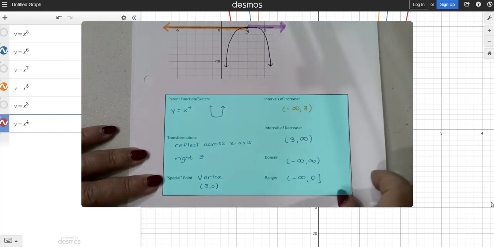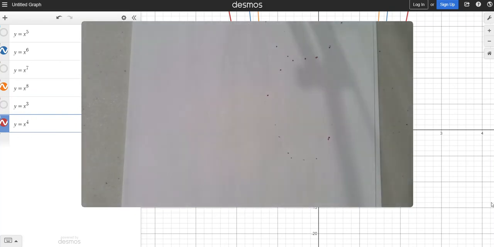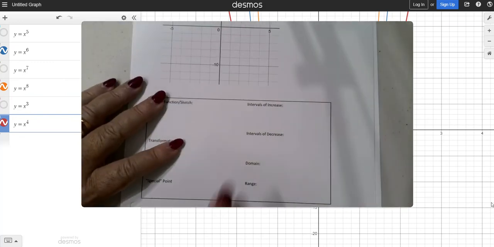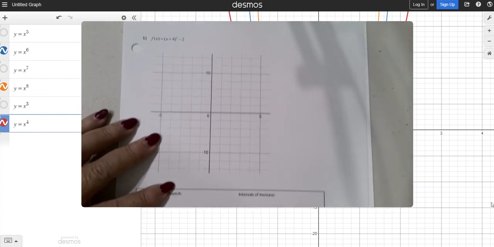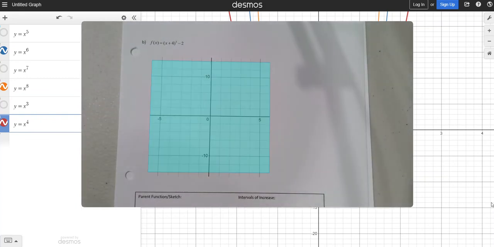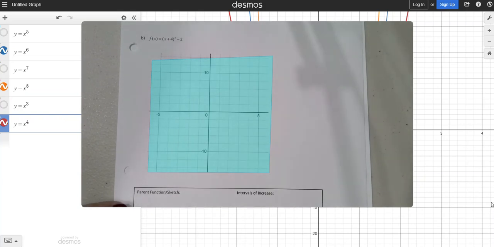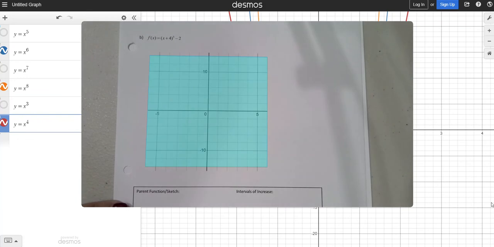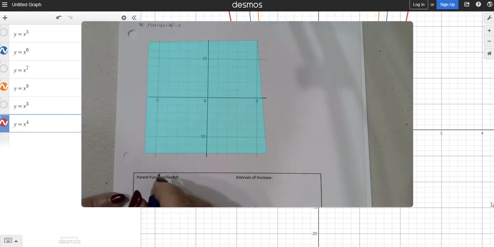All right, let's try a couple more. We've got another shifted power function here, and with a third power, I'm thinking that my parent function is y equals x cubed. Right?